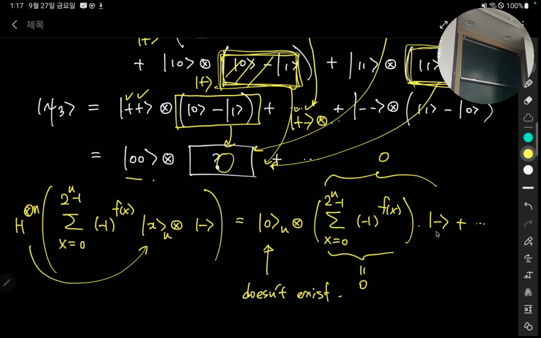So if I see all the zeros on the measurement outcome, then it must be a constant. Otherwise, there should be some 1 in the measurement outcome of the input register because of this computation. Okay? So from the single query of an oracle, I can determine whether the function is balanced or constant.